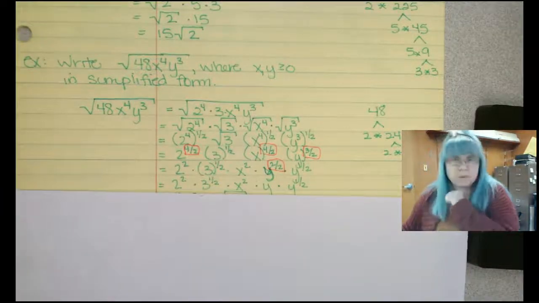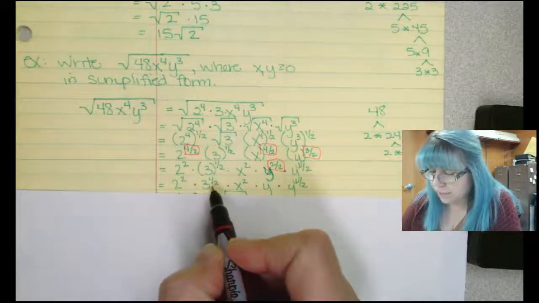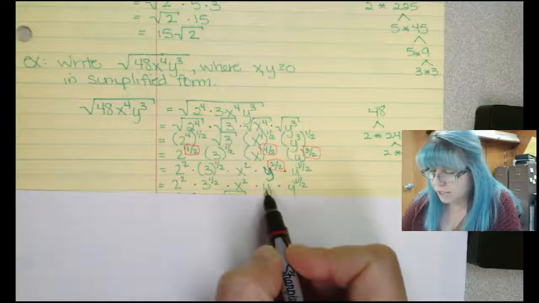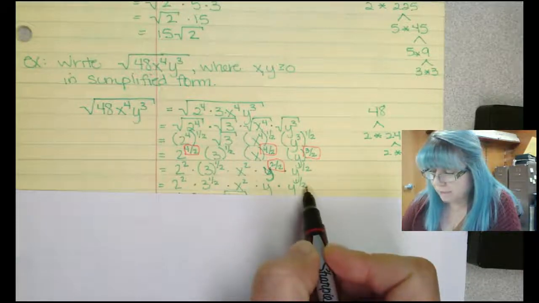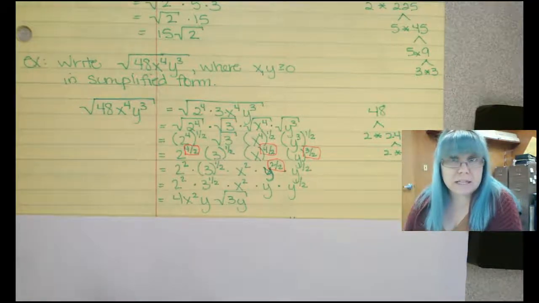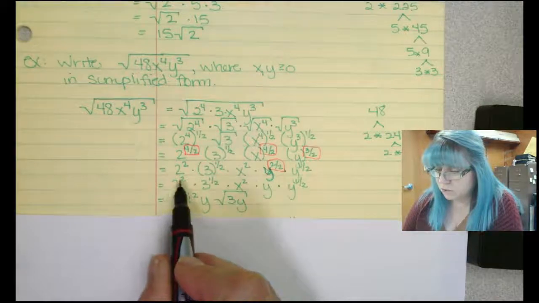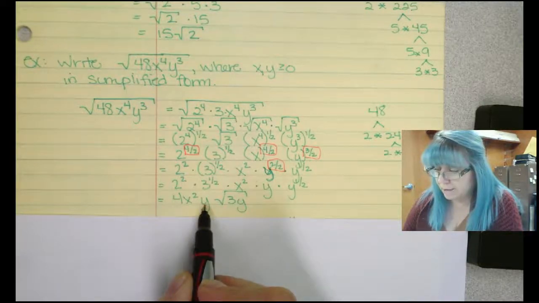So here's what we have so far: 2 squared times 3 to the 1/2 times x squared times y to the 1/2. So rewriting it in radicals will be 4x squared, because 2 times 2 is 4, 4x squared y.